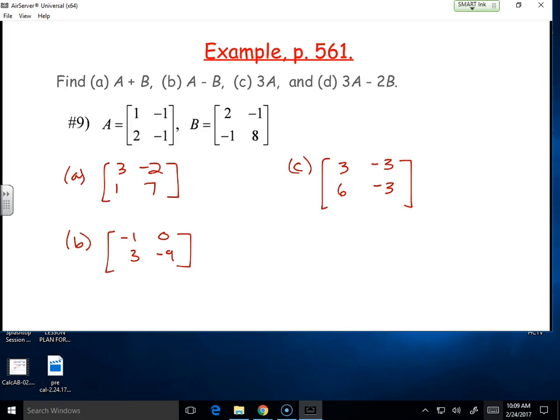Letter D. Did you guys get it right? Did your calculator prove it to you? Negative 1, negative 1, 8, negative 19. All right. Are we okay with the graphing calculator? How do you put something like letter D in your calculator real quick? Second matrix.